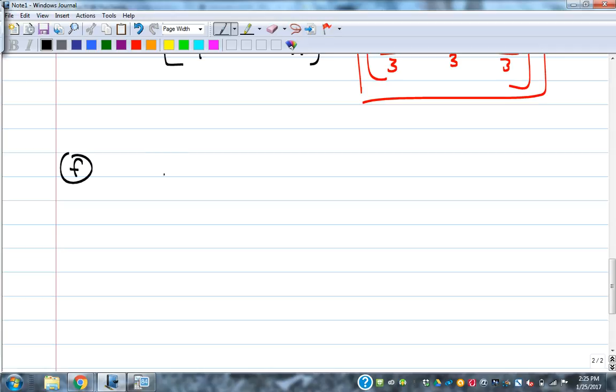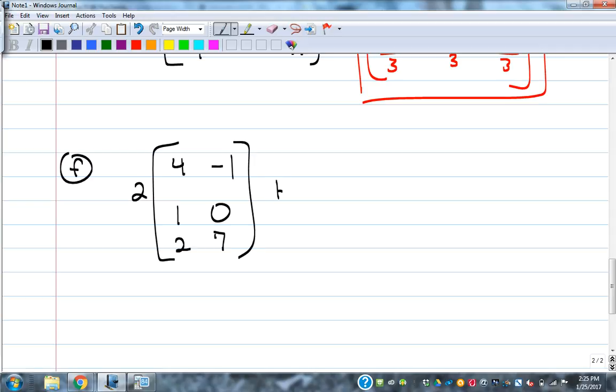So example F, let's say we had 2, 4, -1, 1, 0, 2, 7, plus 8, 3, -9, 5, 3, 20.